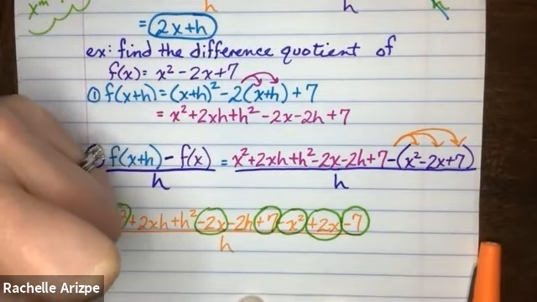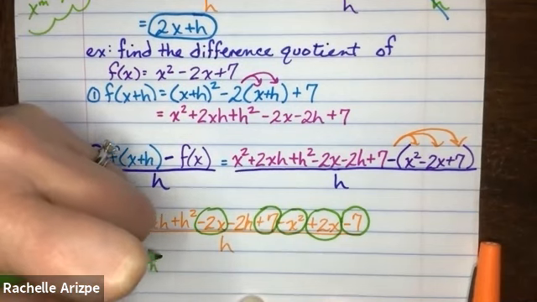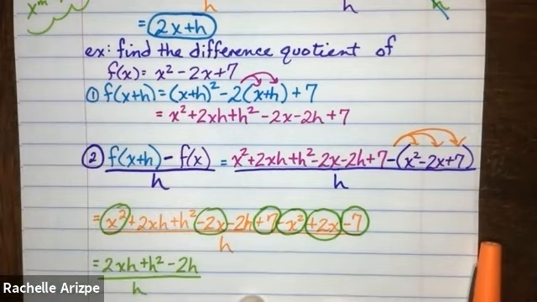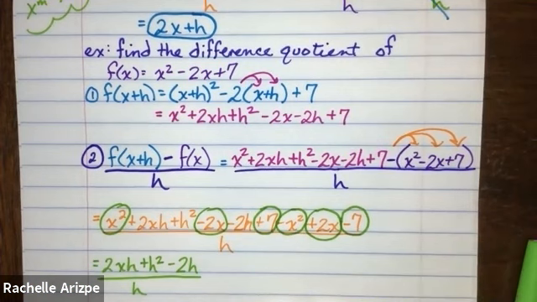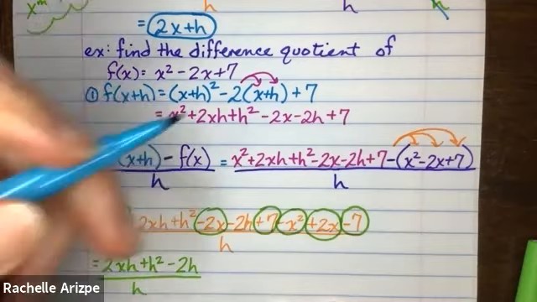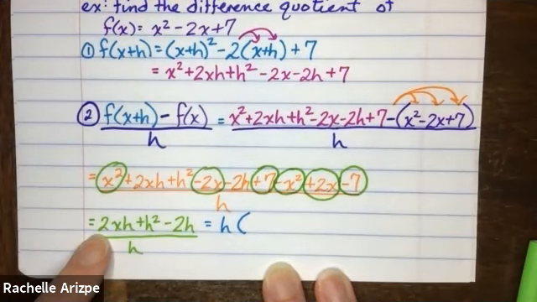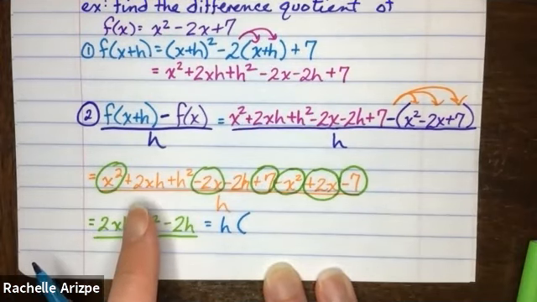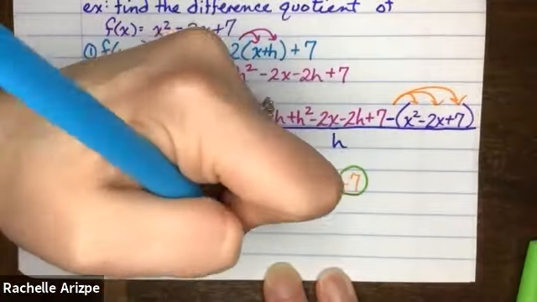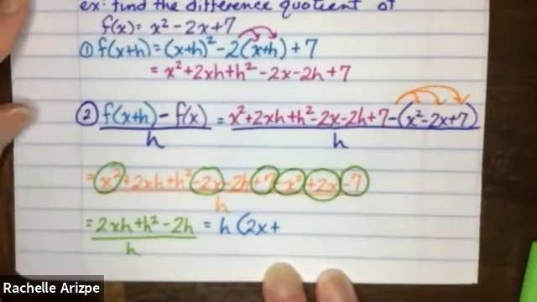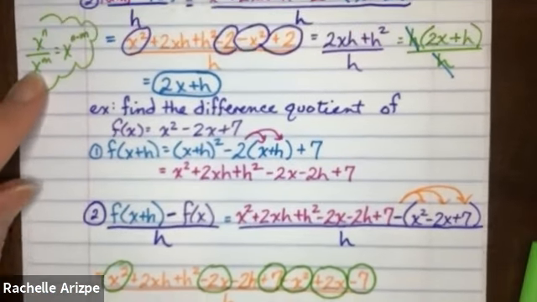So I have 2xh plus h squared minus 2h all over h. And just like I did in the last problem, I noticed that because each of these terms has an h, I can factor it out and write what's left over. 2xh, when I divide by h, is just 2x plus, remember what I said up here about our exponents?